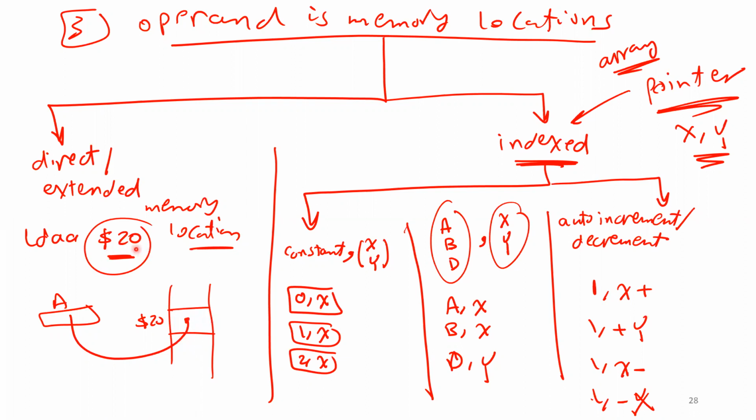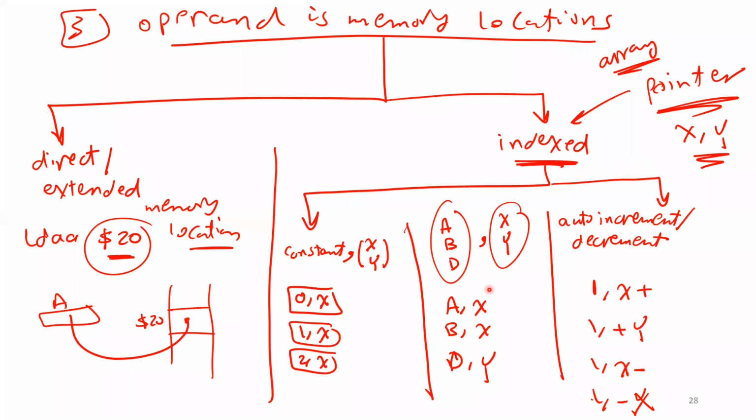So this is the address and this is the memory, right? And then I'm going to copy it into register A. Is that clear? Remember, there is no hashtag here. If you put a hashtag, it's a completely different story. If you put a hashtag, it's not a memory location anymore; it's the number 20, a constant value. That's what we call direct or extended mode.